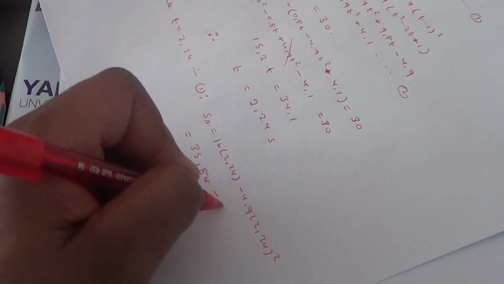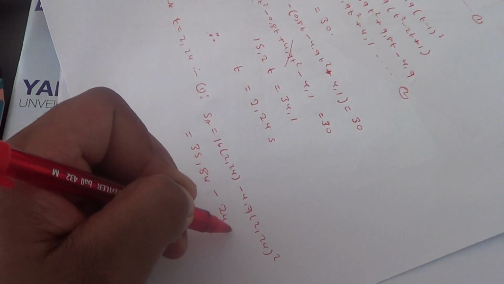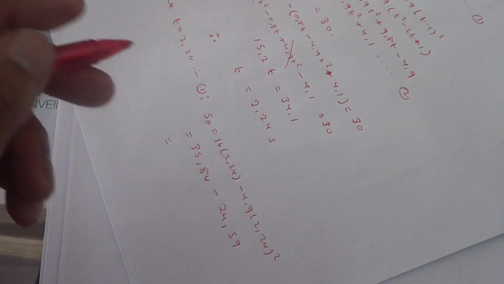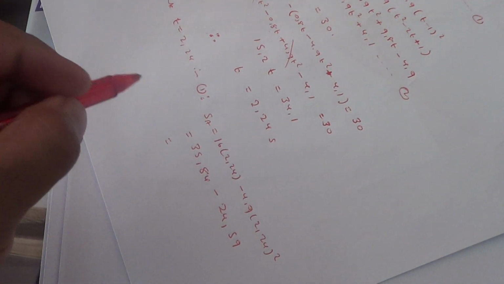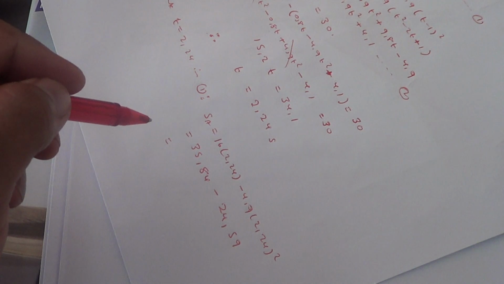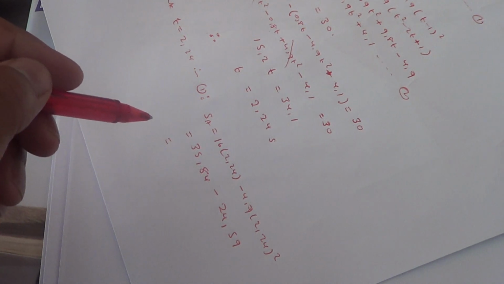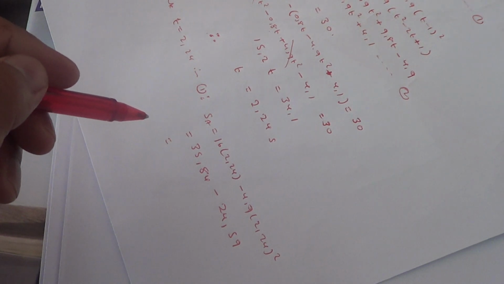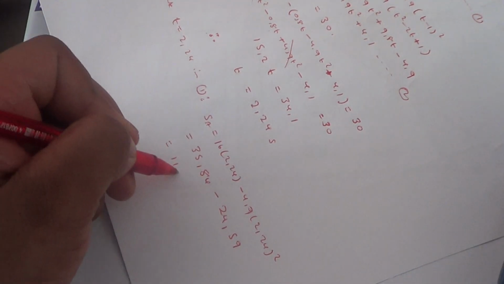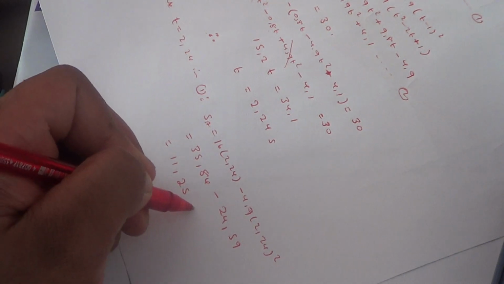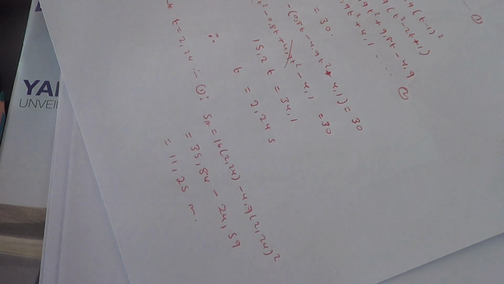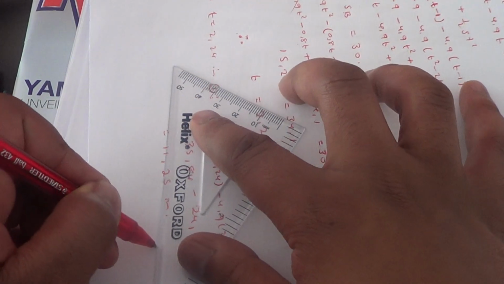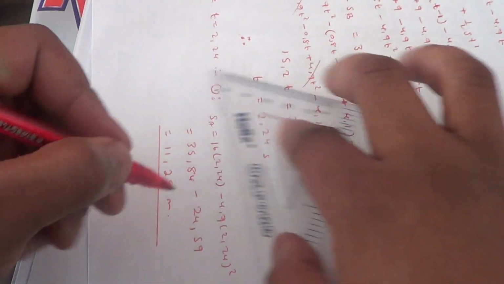So here I get 24.59, and then we can do the math now. 35.84 minus 24.59, I get 11.25 meters. Alright, so this tells us now that is the displacement of A when these two meet.